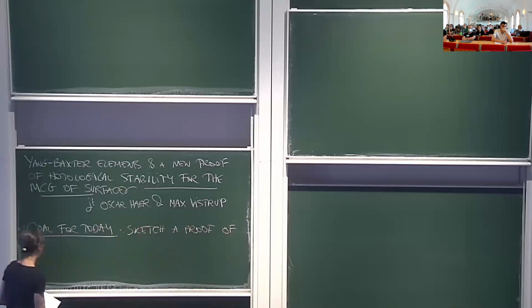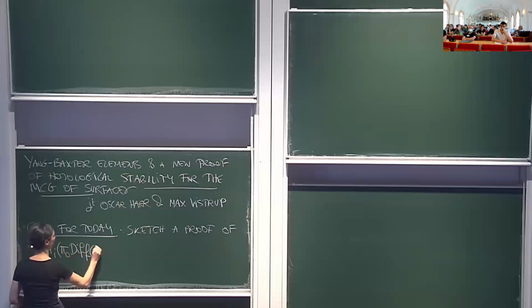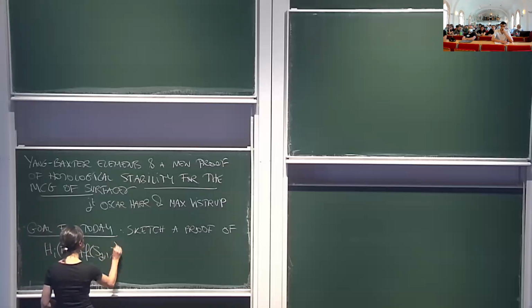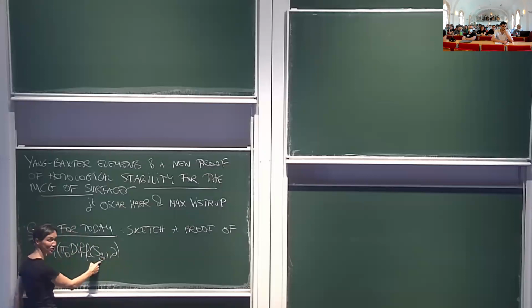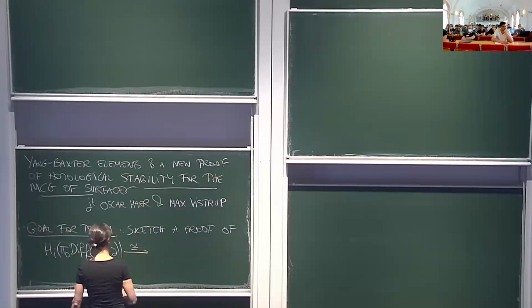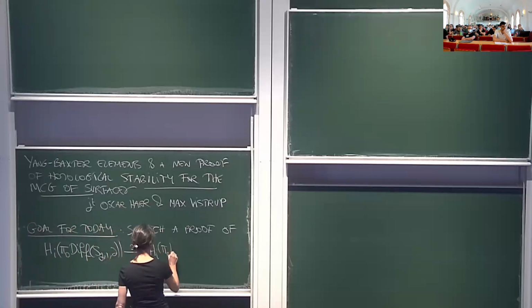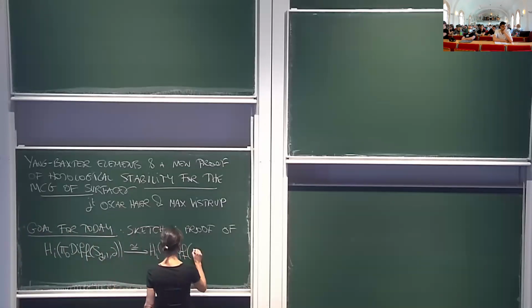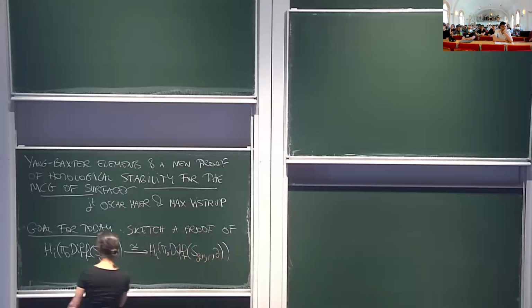of the following statement, which says that the homology of the mapping class group of a surface, let's say of genus g with one boundary component, where I'm looking at diffeomorphisms fixing the boundary and then I take pi 0, so that's the mapping class group, and then I can increase the genus by gluing a little torus.